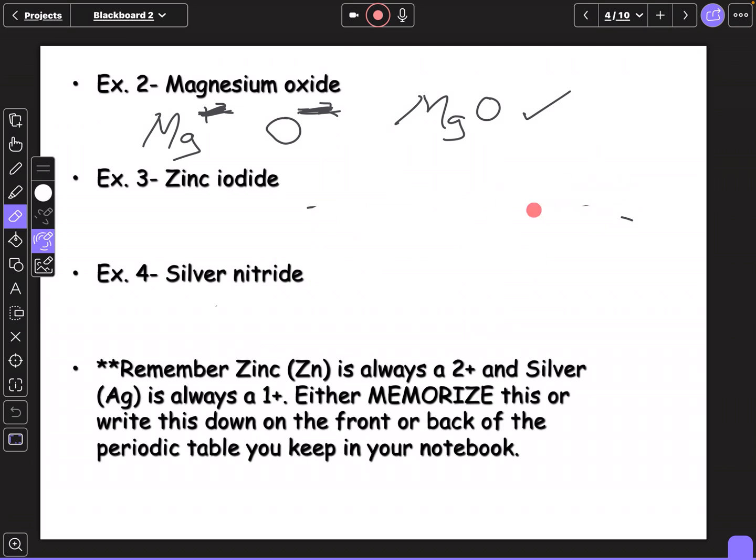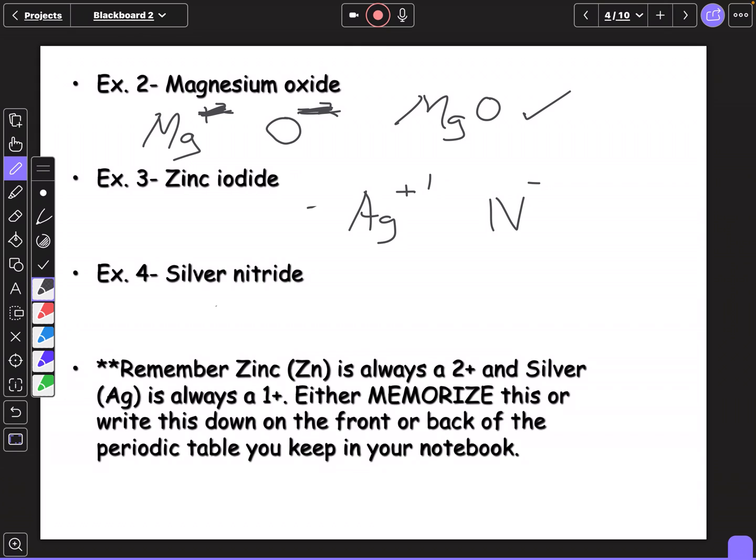See, if I worked it the other way, if I had silver, I know it's a positive 1. Nitrogen, I know that it's a -3. Alright, how do you balance these charges? Well, I have to add them together. They don't equal 0, they equal -2.